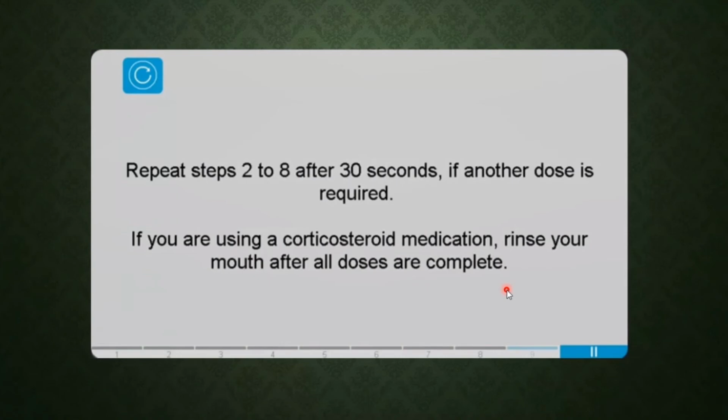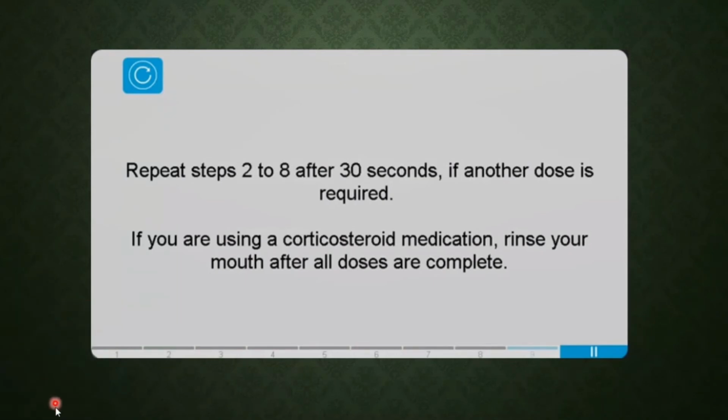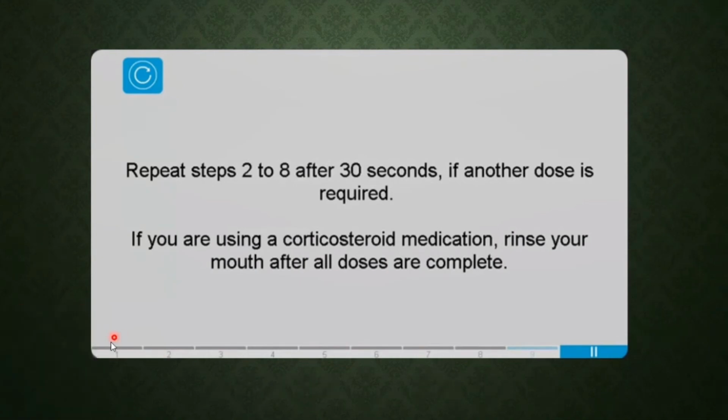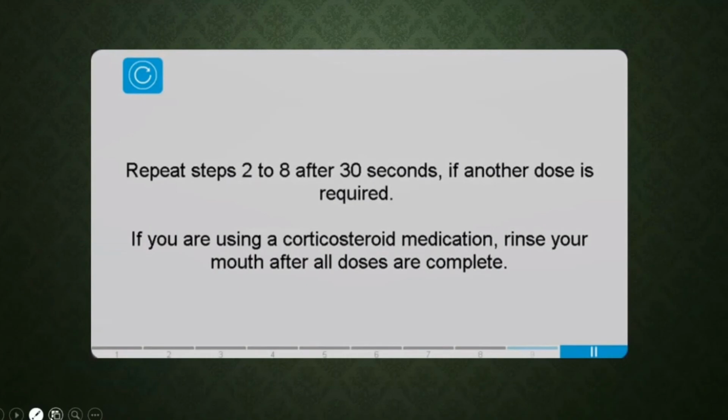We have seen very bad candidiasis and other fungal infections all the way from the mouth down to the esophagus, mainly because of inhaled corticosteroid use, and these patients were not advised to rinse out. So you always tell them to rinse out after using inhaled corticosteroids.